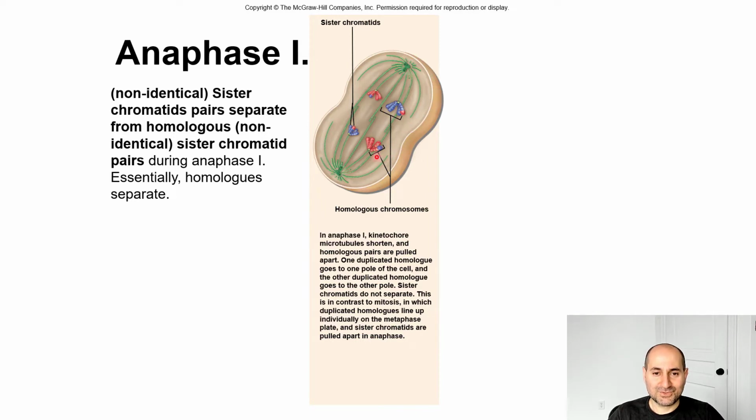The maternal sister chromatid pair separates from the homologous paternal sister chromatid pair. Essentially, homologs separate. In anaphase 1, the homologs separate.